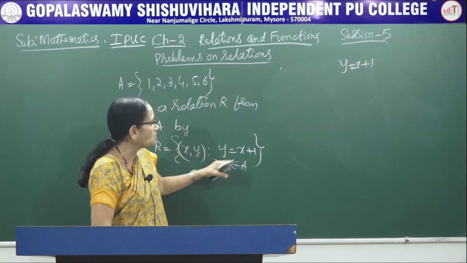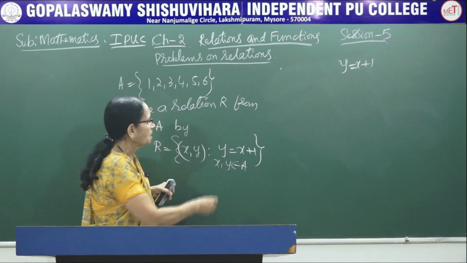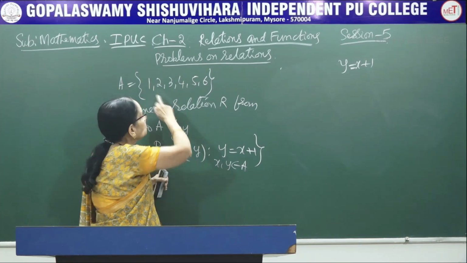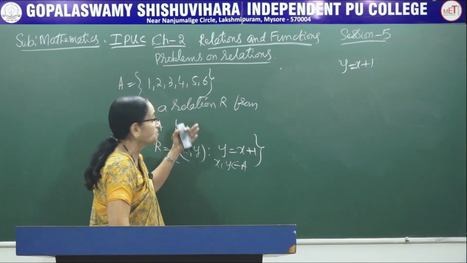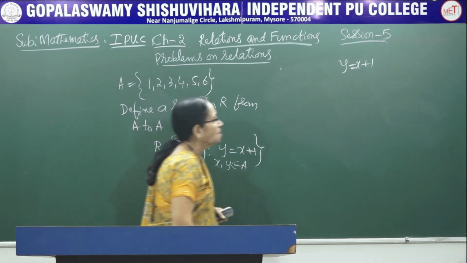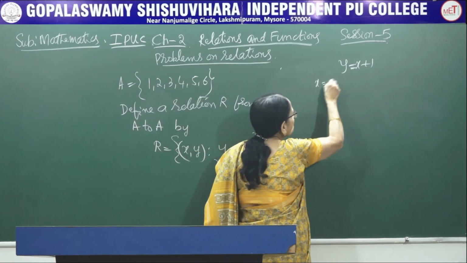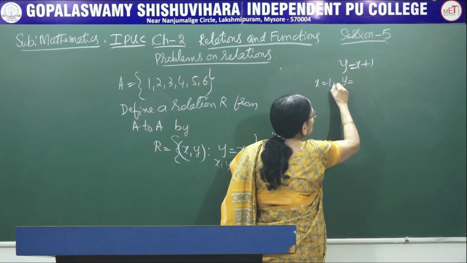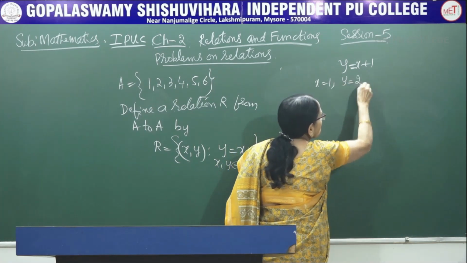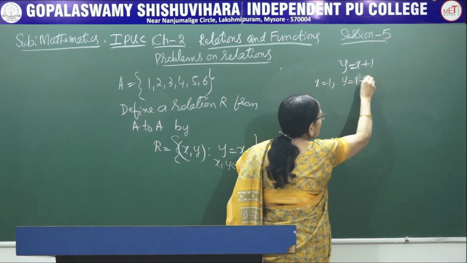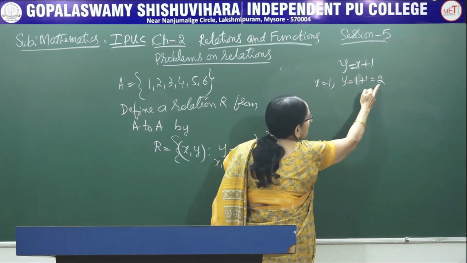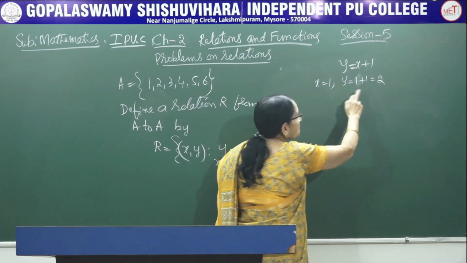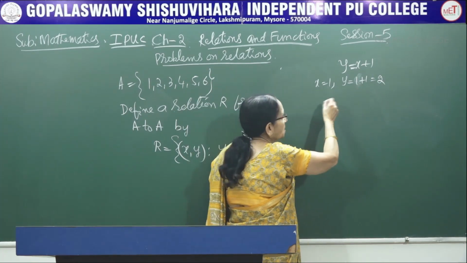Now y is equal to x plus 1. Here x means it is the first element, so we give all the values of the members of set A. Now when x is equal to 1, what is y equal to? 1 plus 1, that would be equal to 2. Now you observe the second element is in this set, so I can take this particular combination.